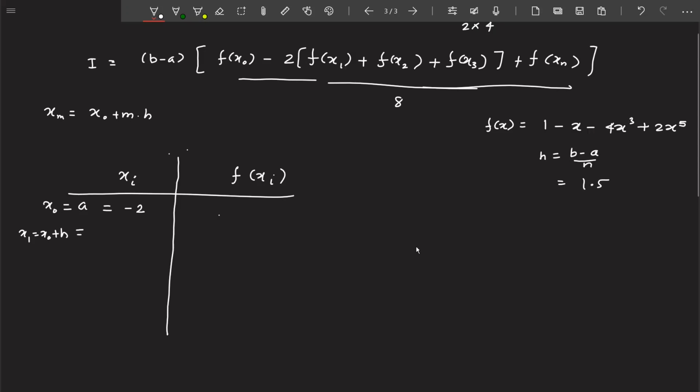So this is going to be −2 plus 1.5, so this is going to be −0.5. Similarly, x2 is going to be x1 plus h, that is the previous value, this value.